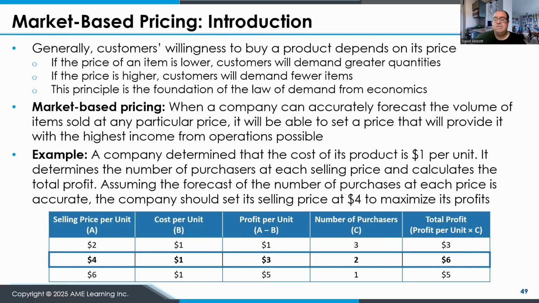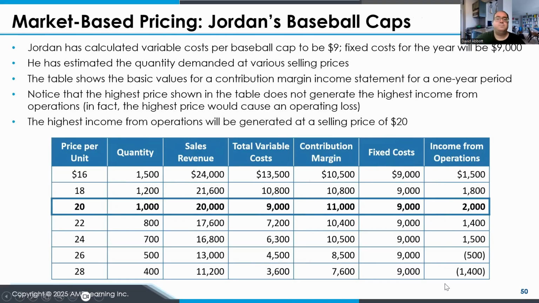Assuming the forecast of the number of purchases at each price is accurate, in this example the company would want to set the selling price at $4 in order to maximize the profit. So we see how that works out, what the profit would be on each unit, the number of purchasers, and then what the profit would be.